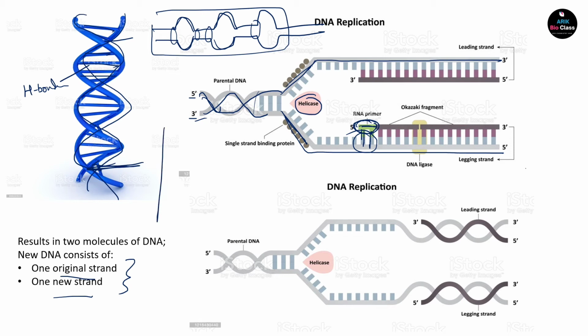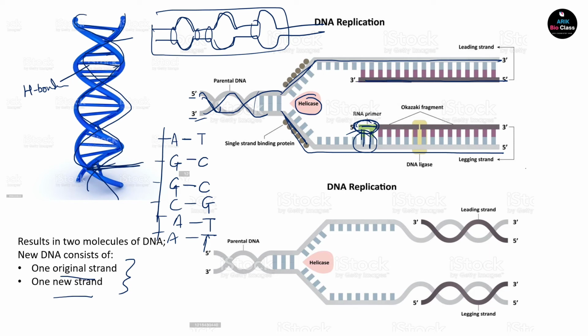Like I mentioned, if you have A, G, G, C, A, the nucleotides are there in the environment and they will come and join. The complementary base to A is T, to G is C, G to C, C to G, A to T, A to T. This is how the complementary bases will come and join.